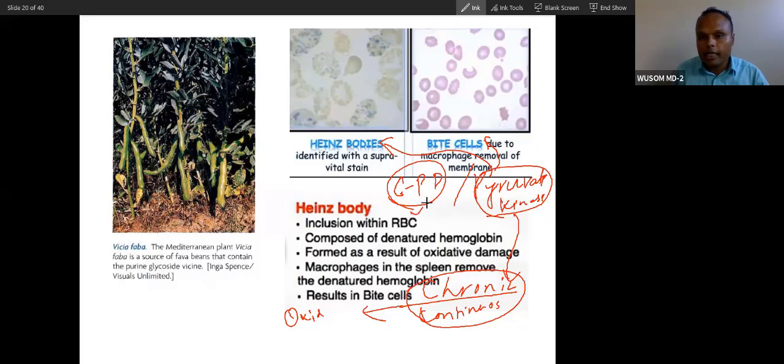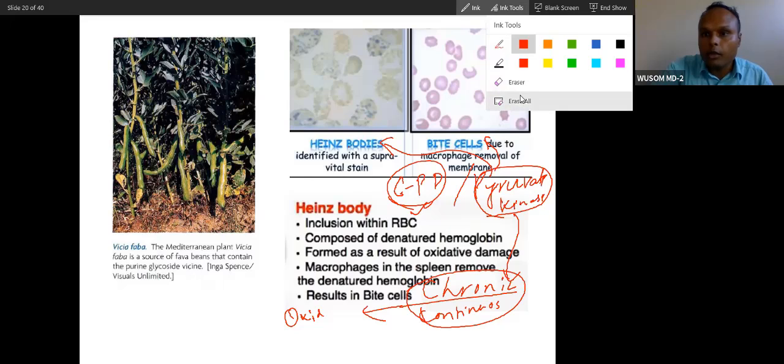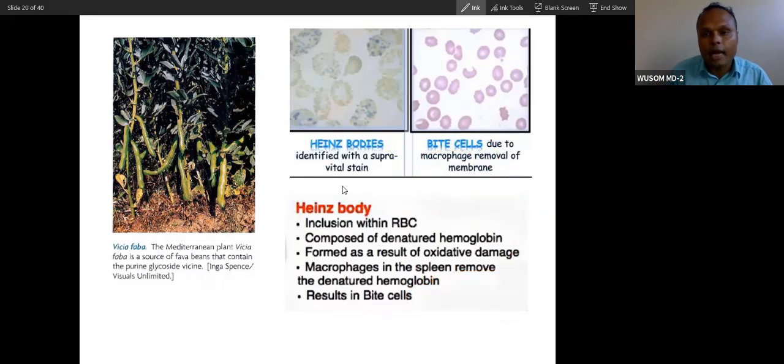Normally it gives protection against malaria, but when the patient is exposed to high oxidative stress, only in that condition G6PD deficiency will cause hemolytic anemia. These are the very basic differences between pyruvate kinase deficiency and G6PD deficiency. Remember, when somebody tells you the enzyme is absent, sometimes the enzyme is mutated and not 100% active as in normal.